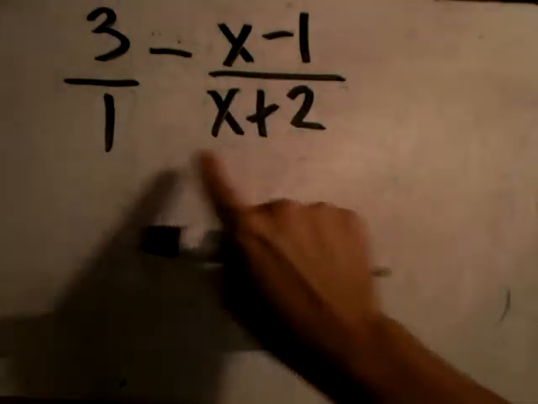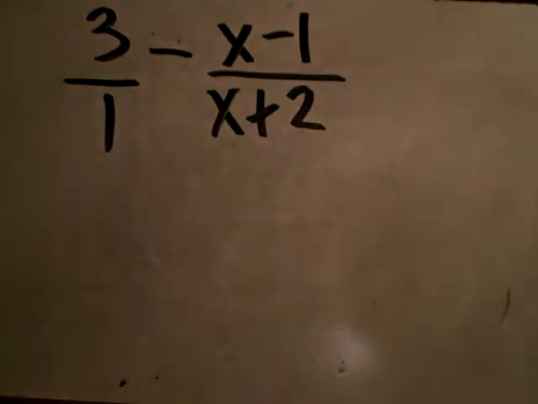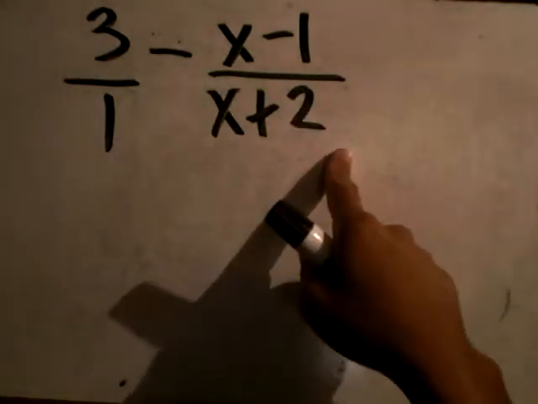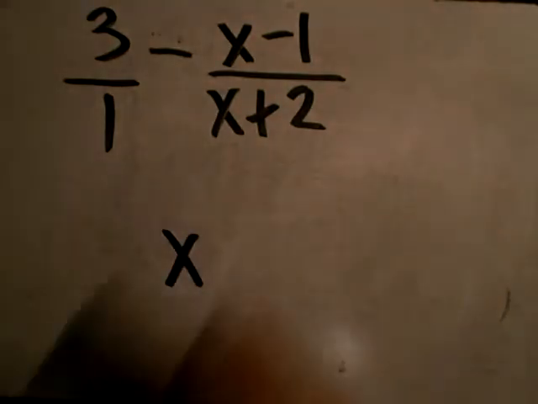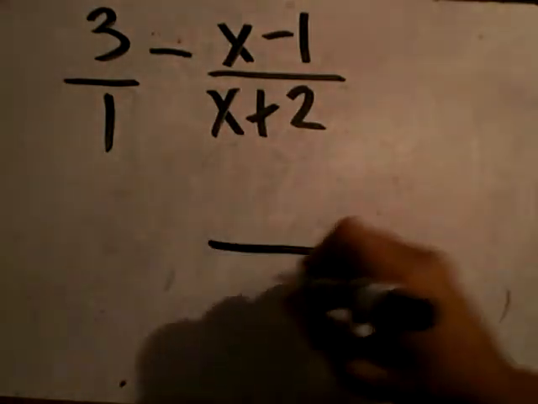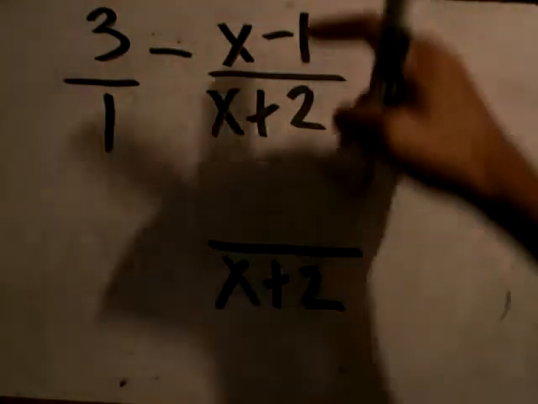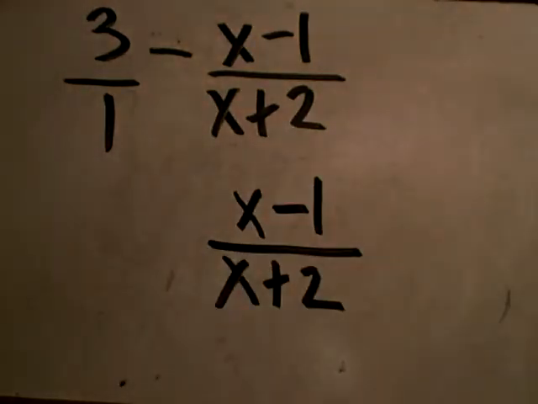And to find the least common denominator, in this case our least common denominator is x plus 2. Okay, so we're going to bring that down. This already has a denominator of x plus 2, so like I said, we're going to bring that down. Okay, and then this will be x minus 1.